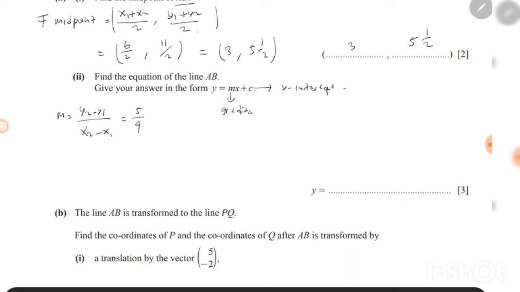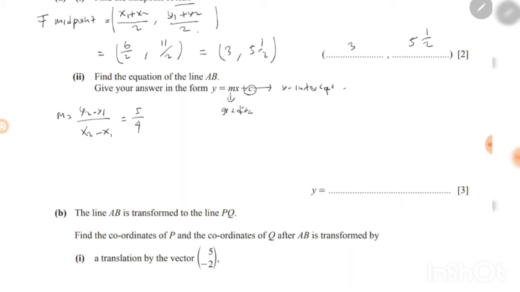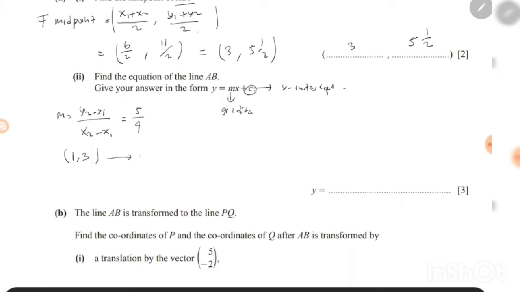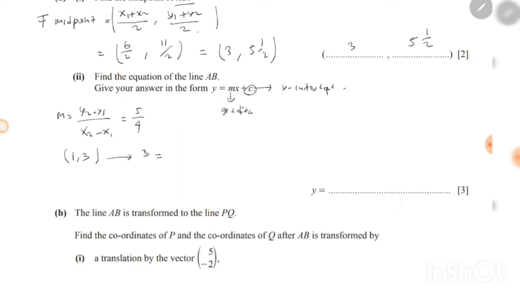And then how do you find c? To find c, you need to choose one point on the line, right? So we choose the point (1, 3). When you choose the point (1, 3), it means y is 3, and you substitute into y equals mx plus c, right? So y is 3, m is 5 over 4, and x is 1, plus c, so c equals 3 minus 5 over 4.